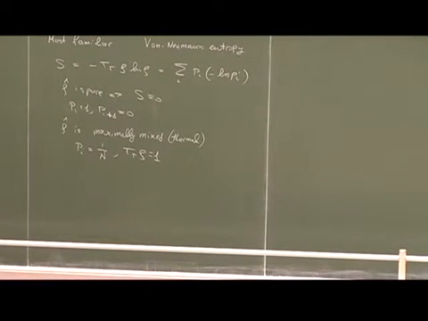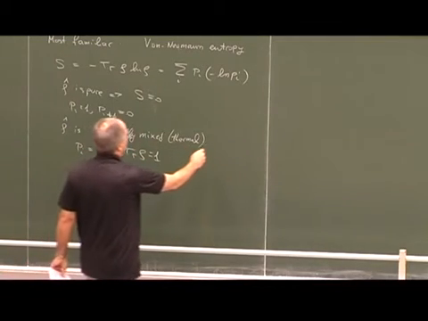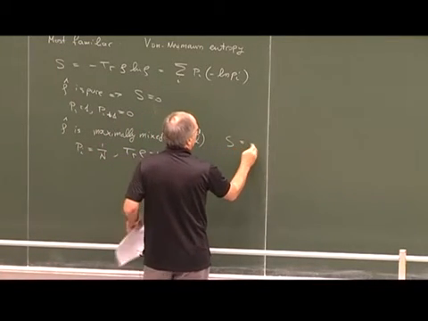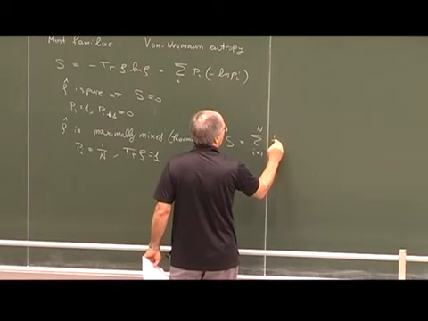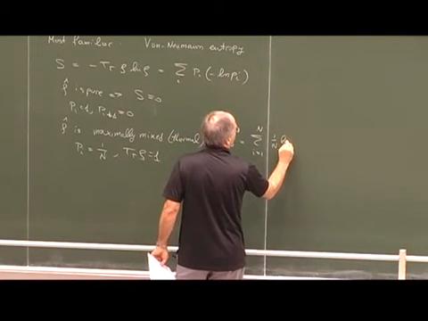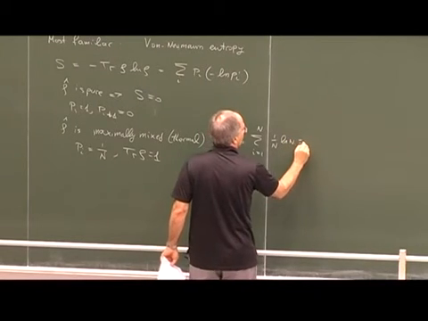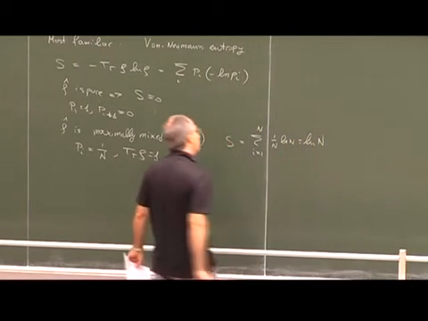And then this sum gives me the sum from i equals 1 to n of 1 over n log n, which is ln n.